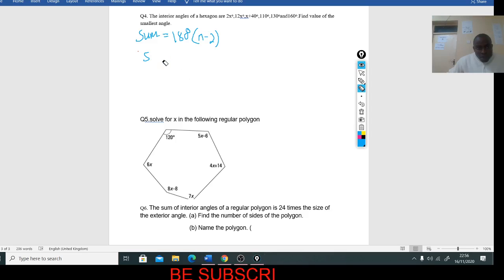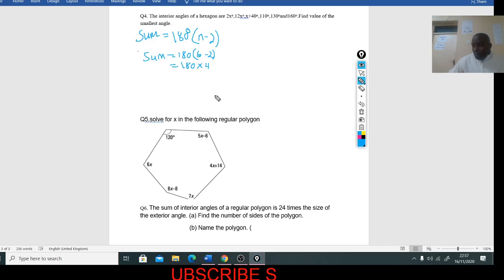So the sum will be equal to 180 into 6 minus 2, which is the same as 180 times 4.